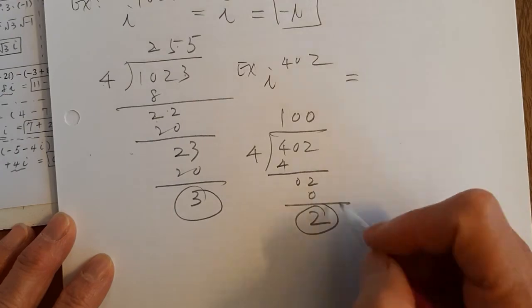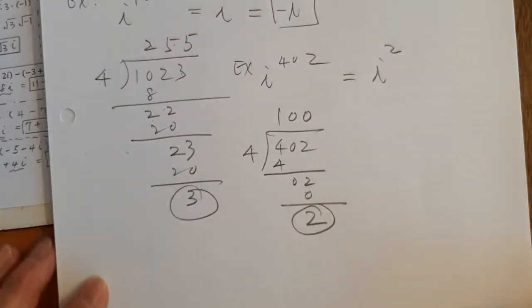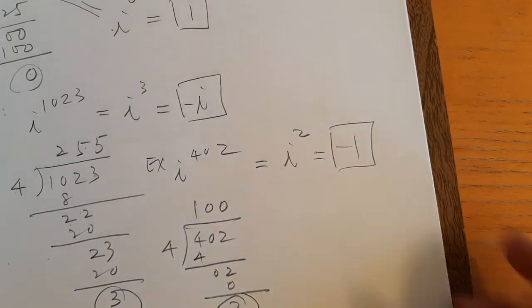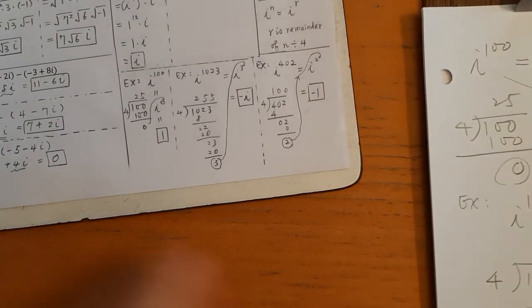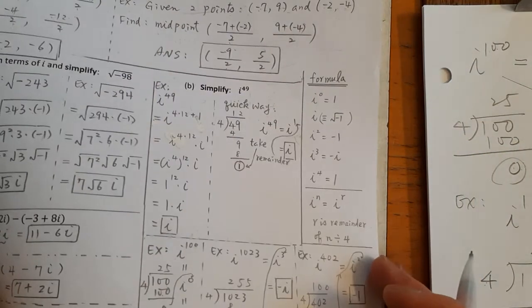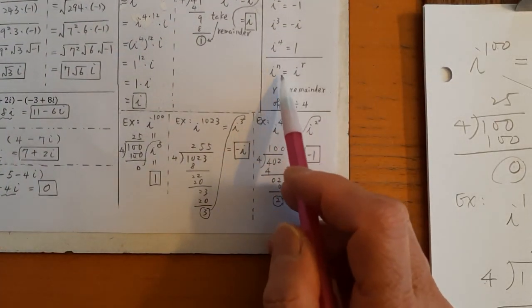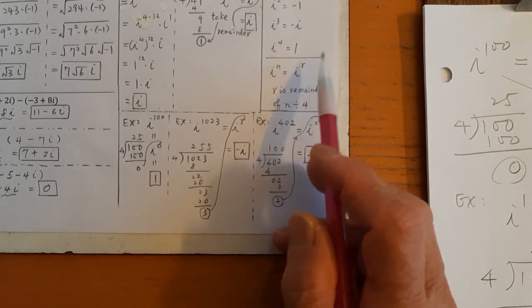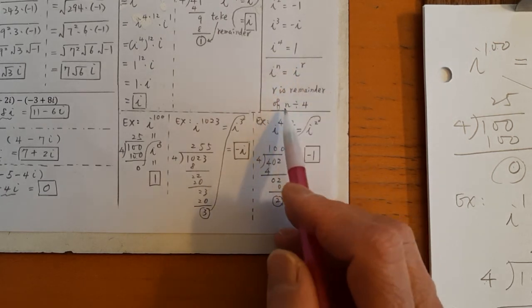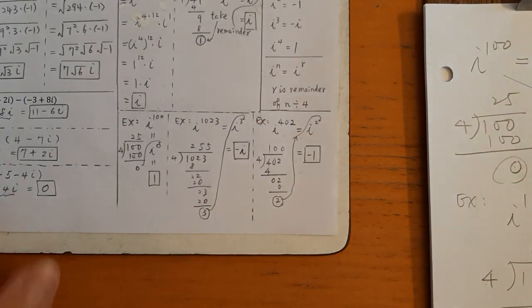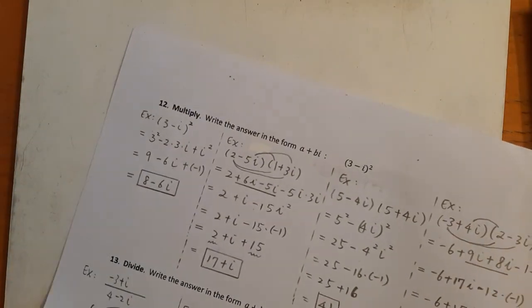So pick up the remainder 2 for i squared. i squared equals negative 1. So the formula is i to the power n equals i to the power r, where r is the remainder when n is divided by 4.